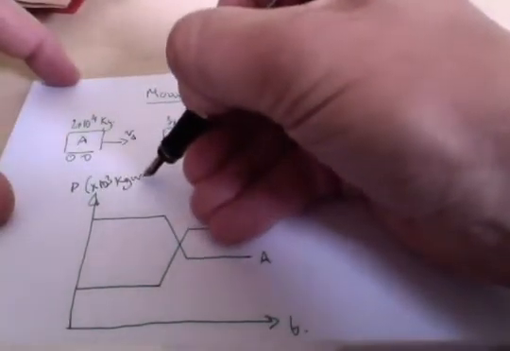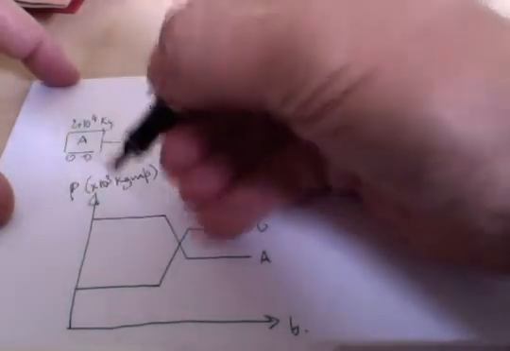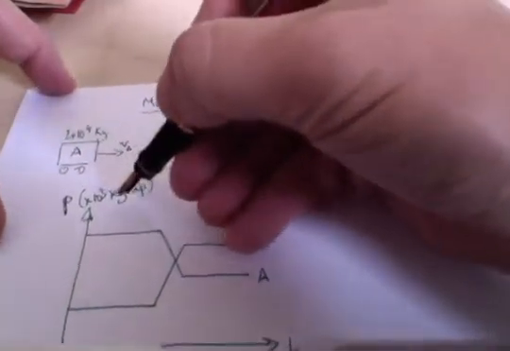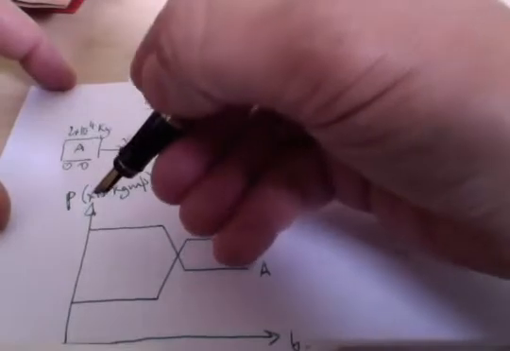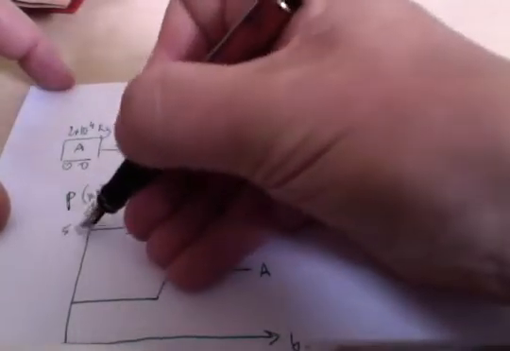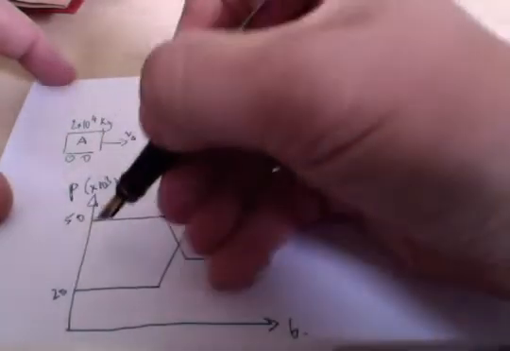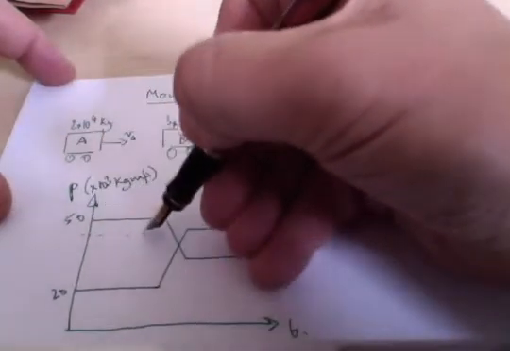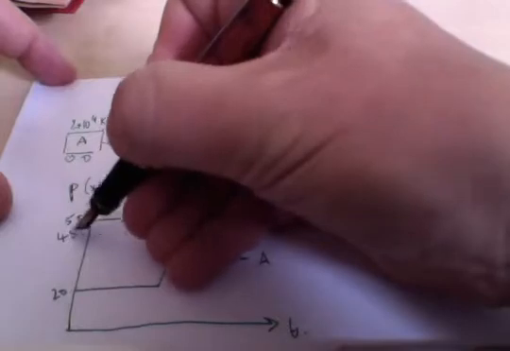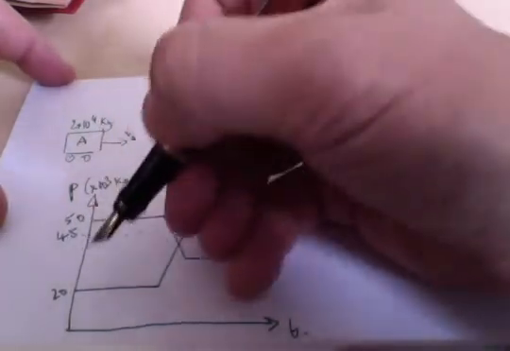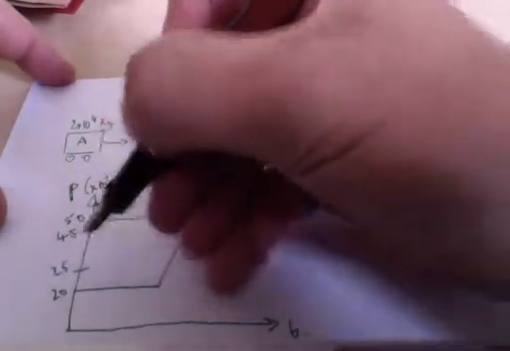Here we have the momentum in kilogram meters per second, and on this graph we have 50, 20, and then, just to make life easy, though you will probably have to read it off, 25 and 45.